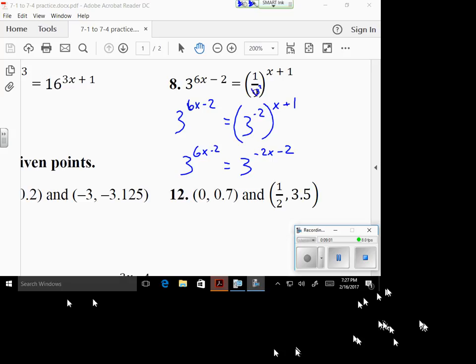Drop your bases. Solve for x. We end up getting 0 on the right side, equal to 8x, so x must be 0.